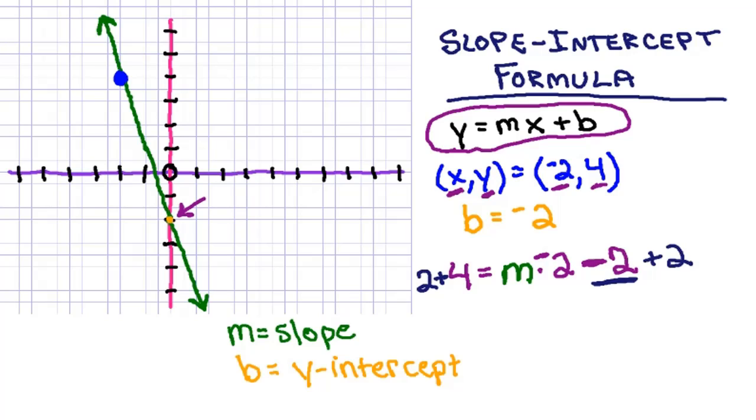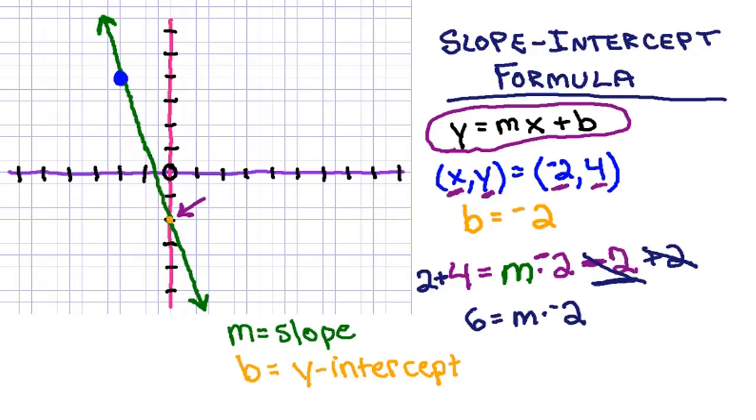That gives us 6 equals m times negative 2, and these cancel each other out. So now we have 6 equals m times negative 2.